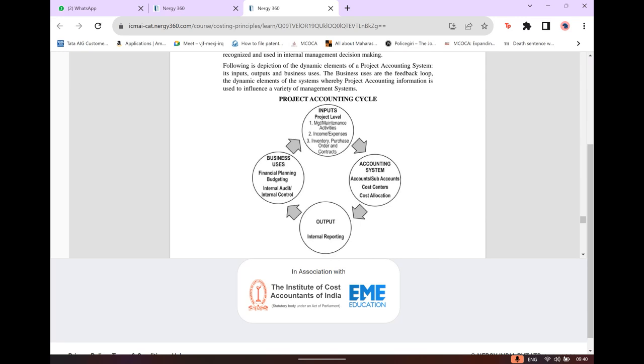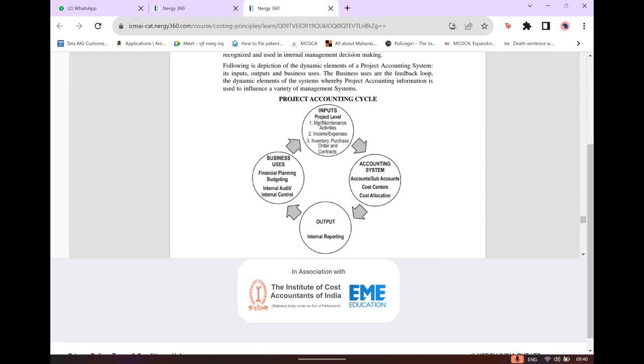Then your output will be internal reporting in the form of MIS, and this MIS will be used for financial planning, budgeting, internal audit, and internal controls.